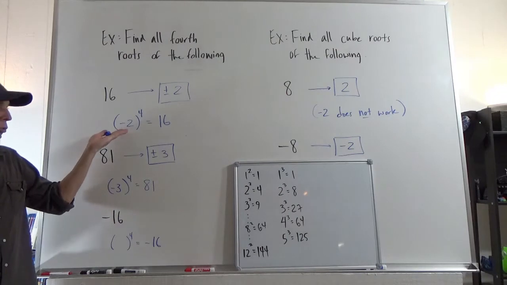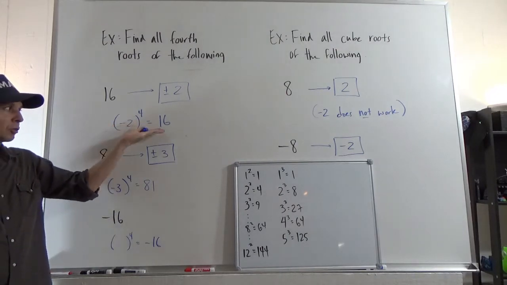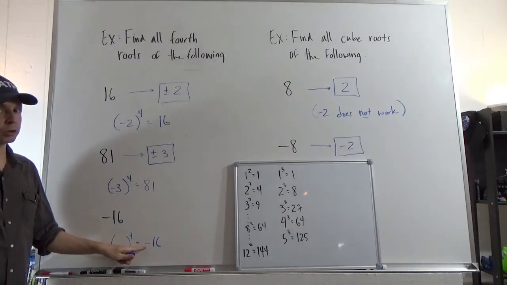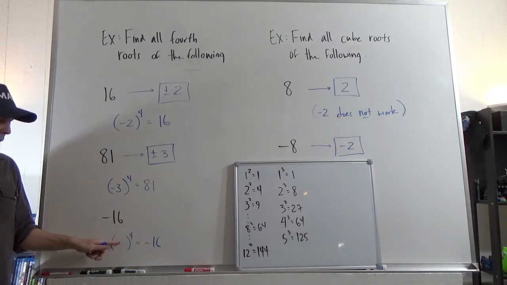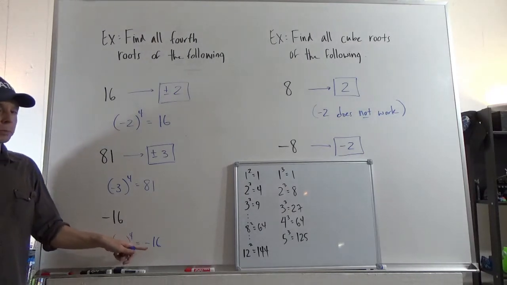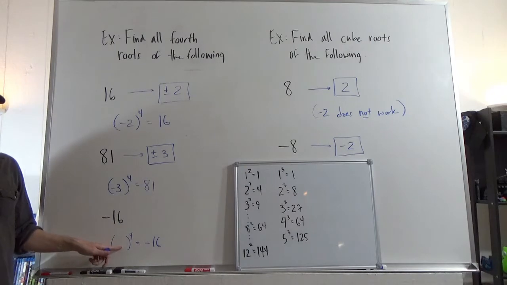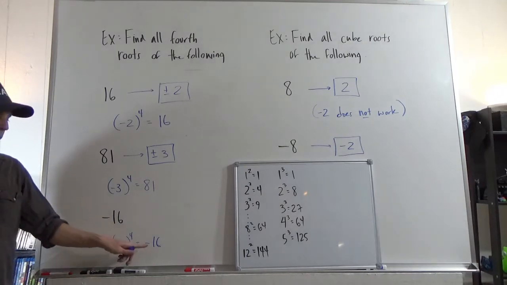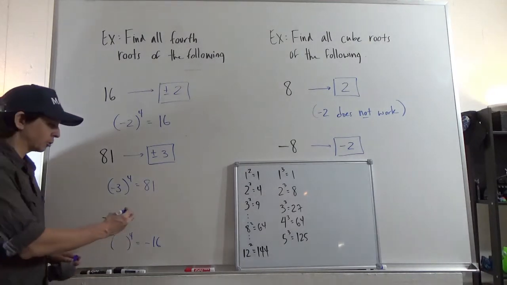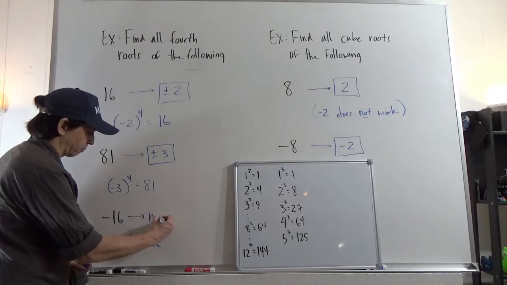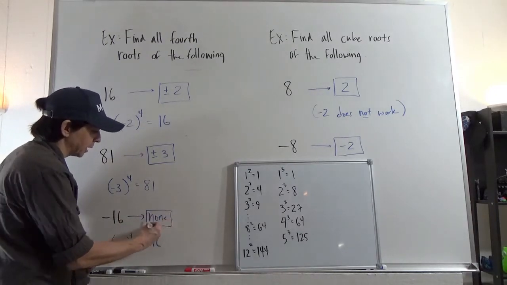Negative 2 will not work to a fourth power because that'll cancel out all the negatives and still give me a positive 16. Nothing works here for the same reason as square roots. No number to the fourth power is going to give me a negative number. Not a positive, not a negative. The negatives will always cancel out. I will not get a negative out of it. This one is none.